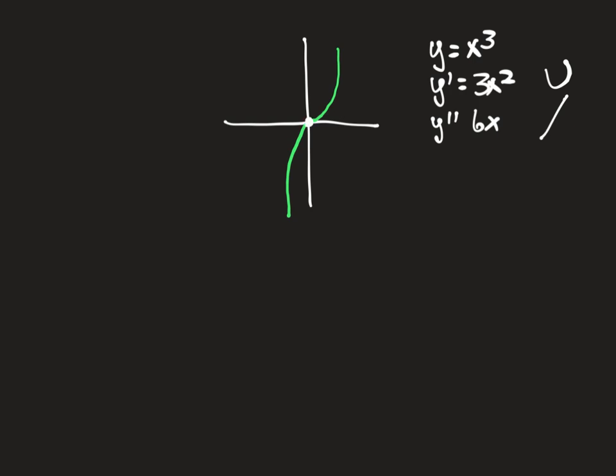And by the way, we know it's concave up here, right? Concave up, so the second derivative is positive. This is concave down, so the second derivative is less than 0, right? So when the second derivative goes from negative to positive or positive to negative, it's going to be right there. That's called an inflection point.